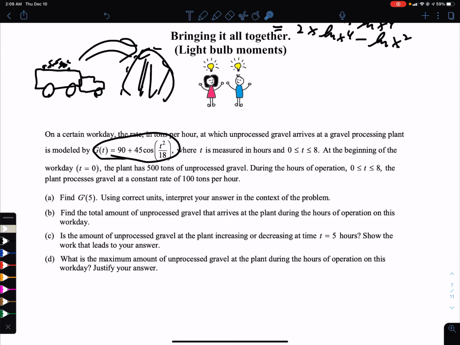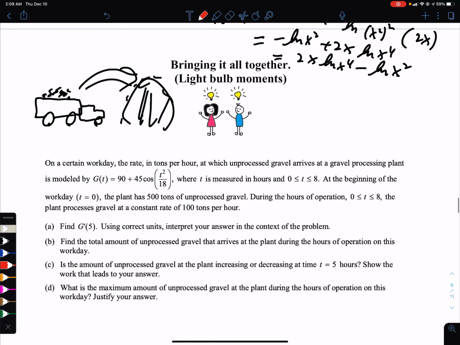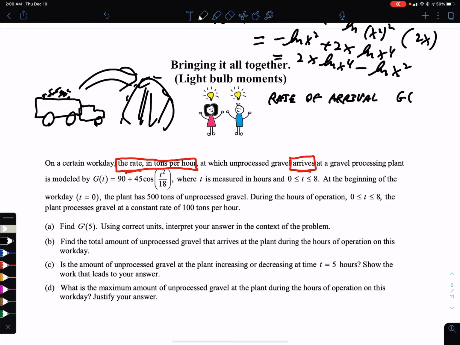You have to read what it says. It says the rate in tons per hour of arrival. So that's what G is. I'll write that down. So rate of arrival, and that's G of t.